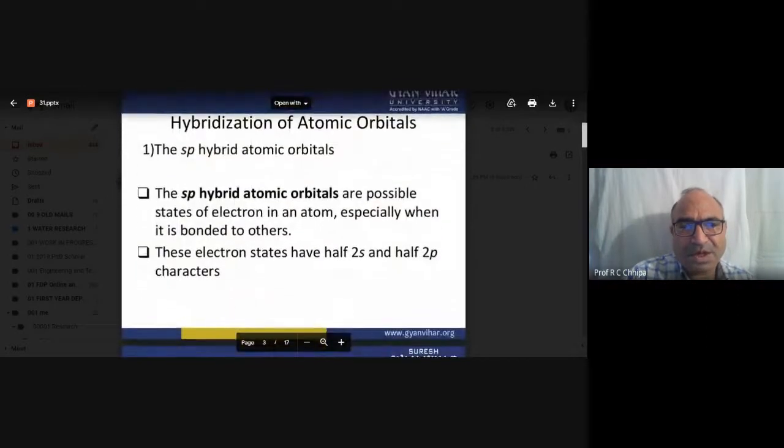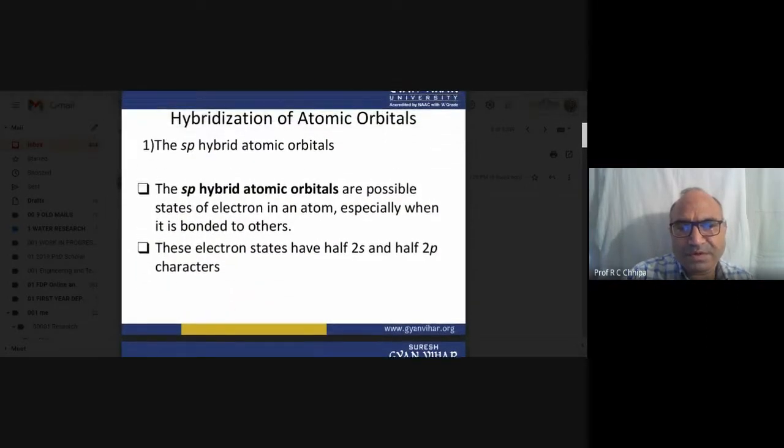So now, first of all, suppose we take one s atomic orbital and one p atomic orbital of carbon. Here the example is acetylene. In the case of acetylene, there are two carbon atoms and one triple bond. So carbon triple bond carbon.